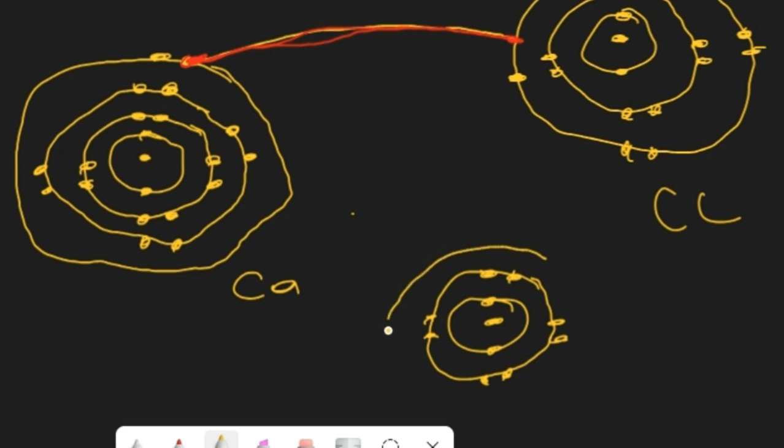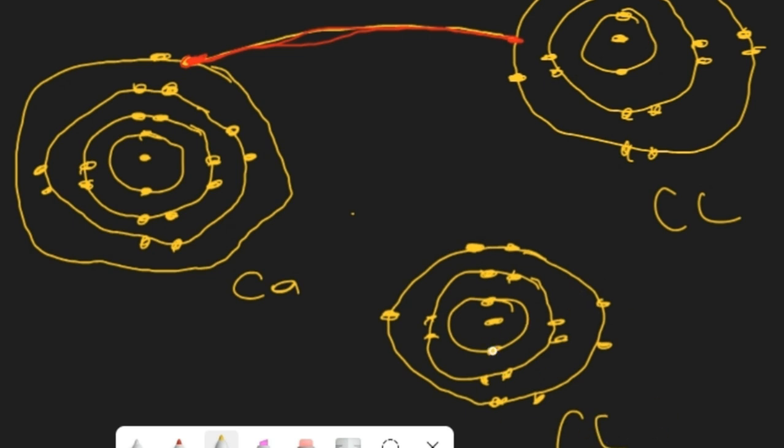And then you have the outermost shell, 1, 2, 3, 4, 5, 6, 7, remaining 1. So this is the second chlorine atom.